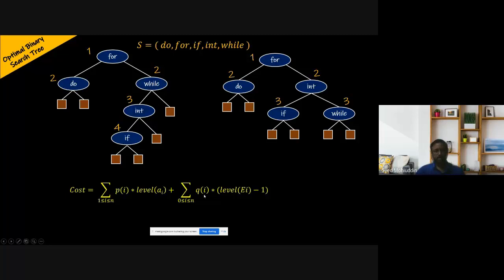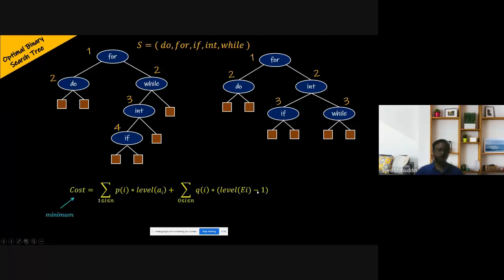And for unsuccessful search, we have the summation from 0 to n of Qi, the probability for unsuccessful search, multiplied by the level of the external node minus 1. So this formula will give us the cost of the tree.